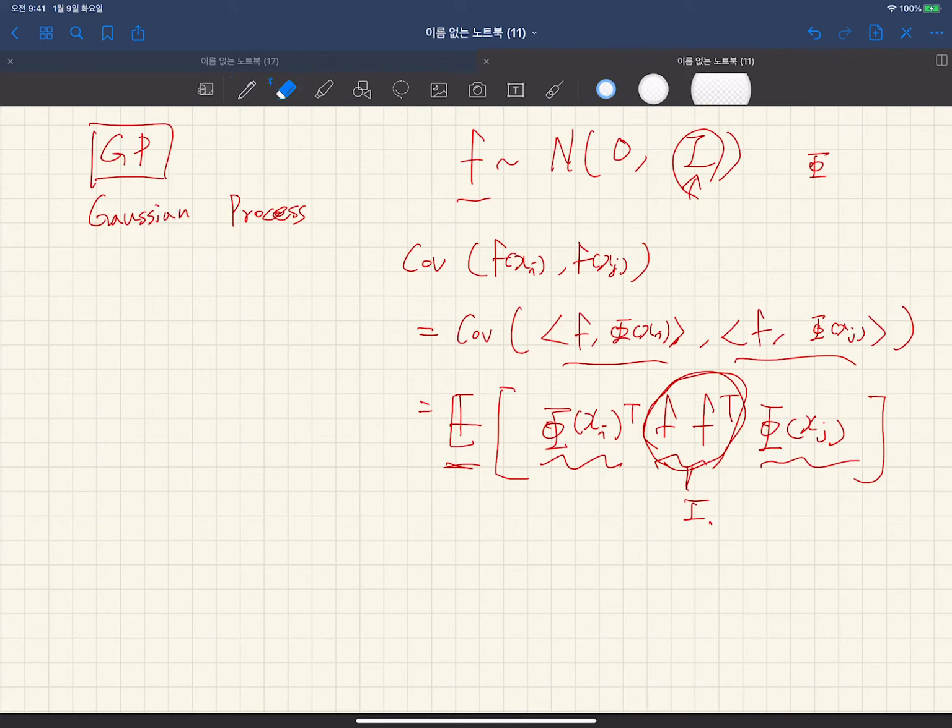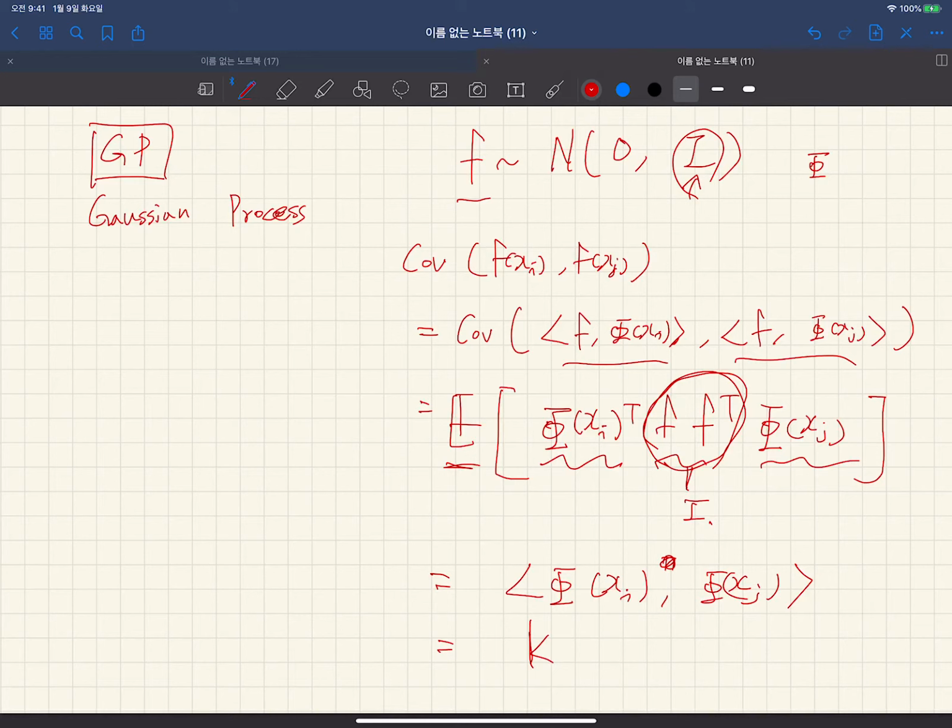And so we have the covariance equal to the inner product between phi(xi) and phi(xj). So the covariance between f(xi) and f(xj) is the kernel value between xi and xj.